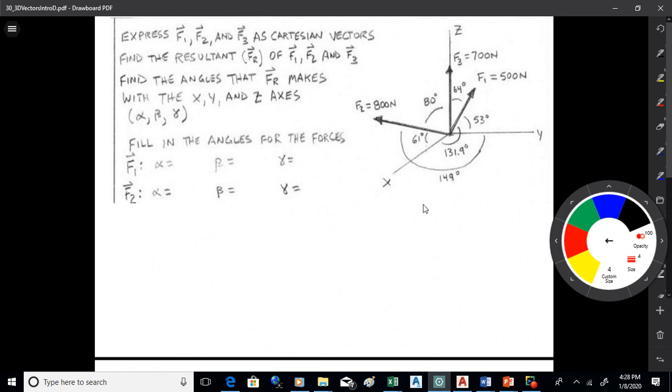All you got to do here is look at how the vector is tied into the axis. So for F1, right there, that's 53 degrees with the y-axis, isn't it? So just look at those dimensions and figure out what alpha, beta, and gamma are for each of those vectors.